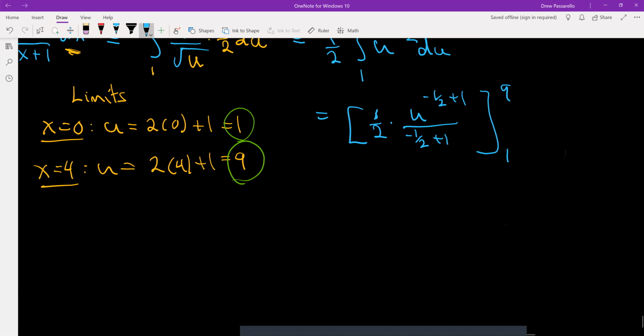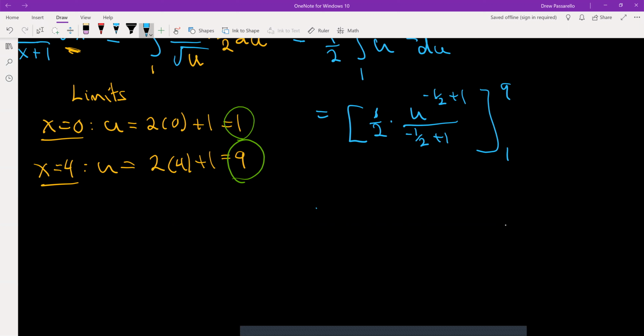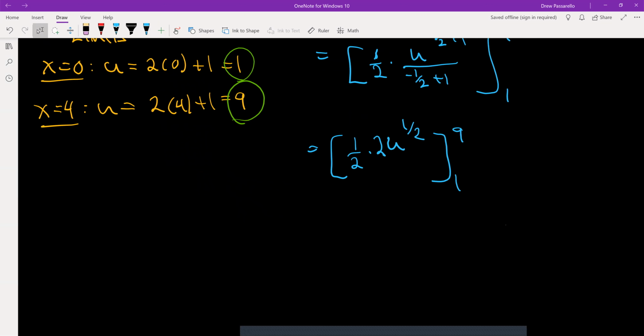Well, negative 1/2 plus 1 is a half, so I have 1/2 times u to the 1/2. Well, and then divided by a half. But dividing by a half is the same thing as multiplying by 2. So really I have 2u to the 1/2. And then the 2's cancel out, so you just have u to the 1/2. Well, u to the 1/2 is the square root, so this is the square root of u from 1 to 9.